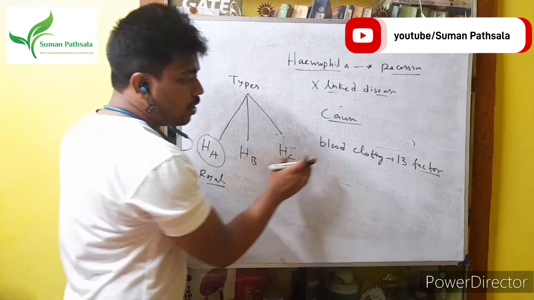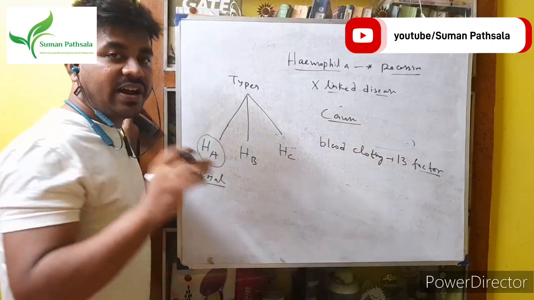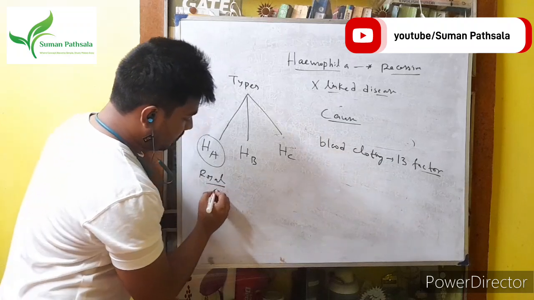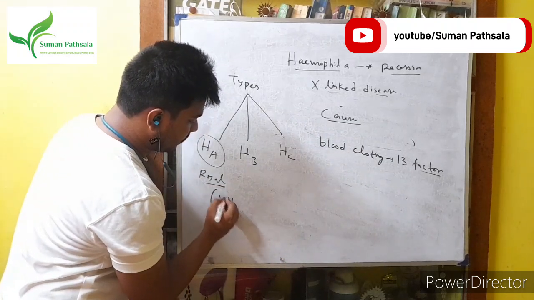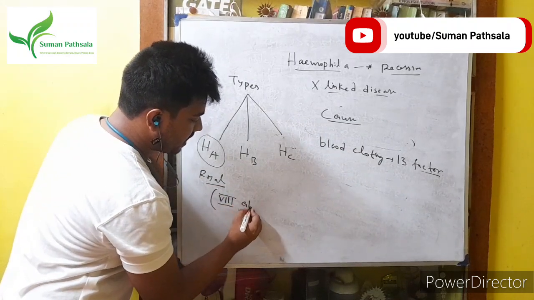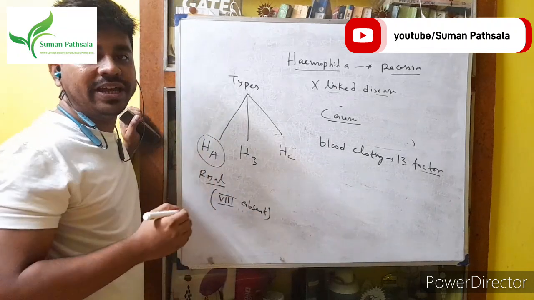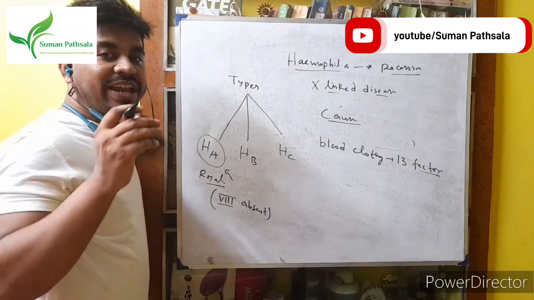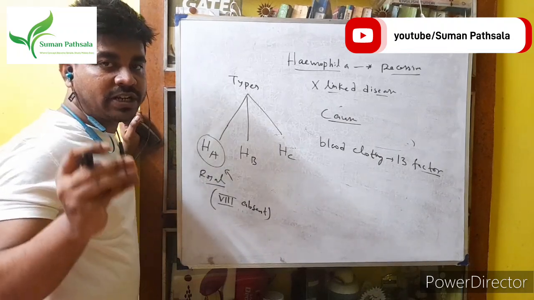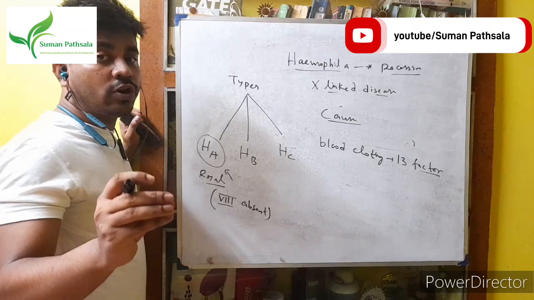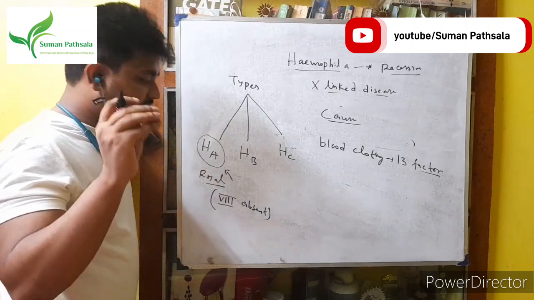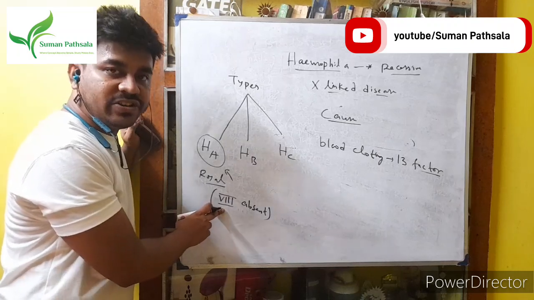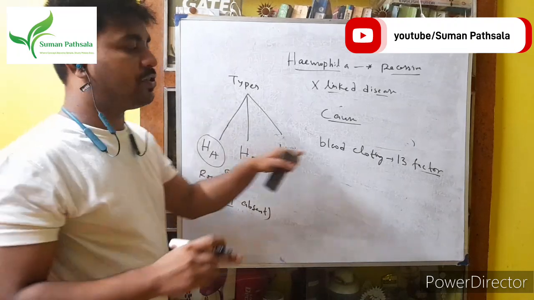We all know that the 13 factors are responsible for blood clotting. If any factor, like factor 8, is absent in your body, that leads to haemophilia A. If you observe any patient having haemophilia A, you consider that these patients have a deficiency of factor 8, which is also responsible for blood clotting.